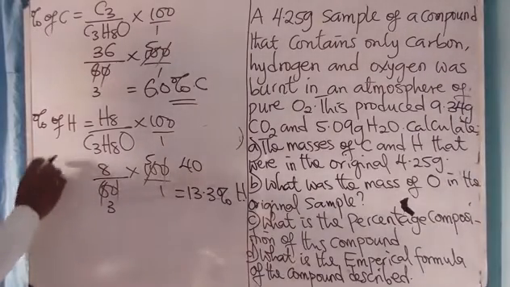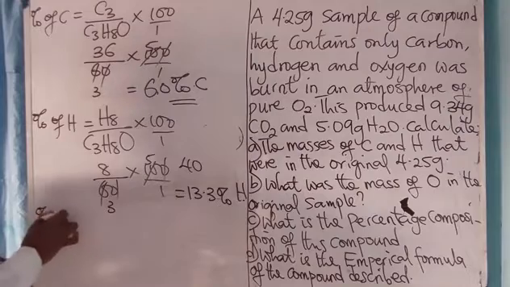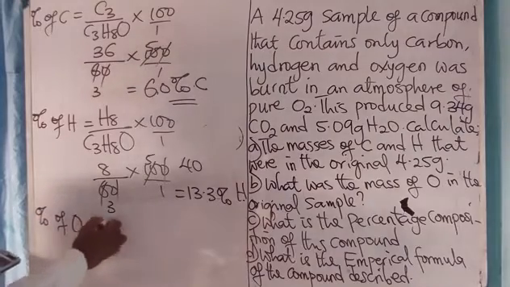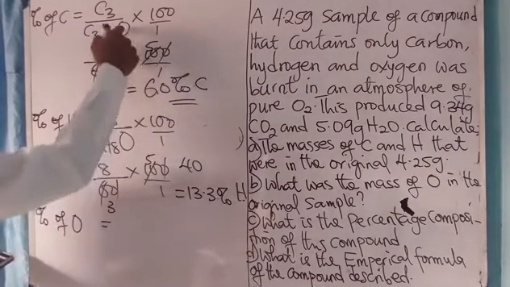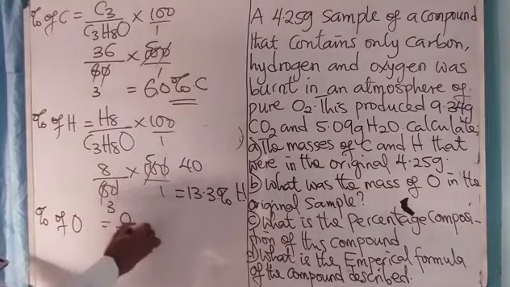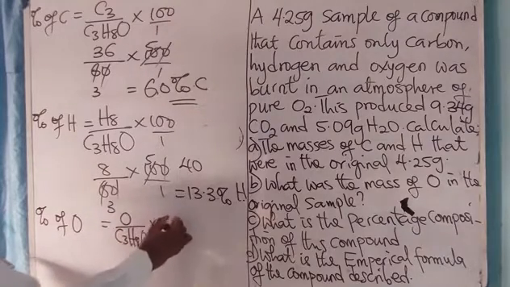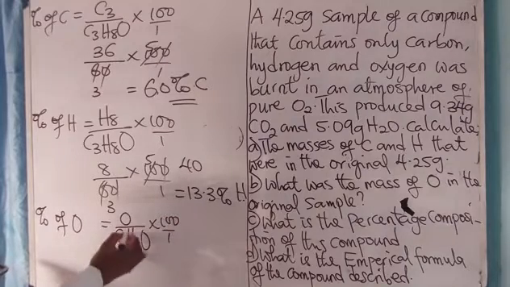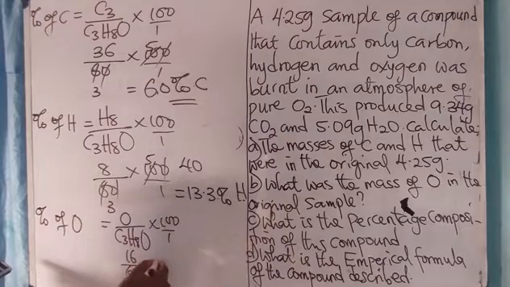The next one is percentage of oxygen. Oxygen is O over C3H8O times 100 over 1. Oxygen is 16. We have 60 times 100 over 1.